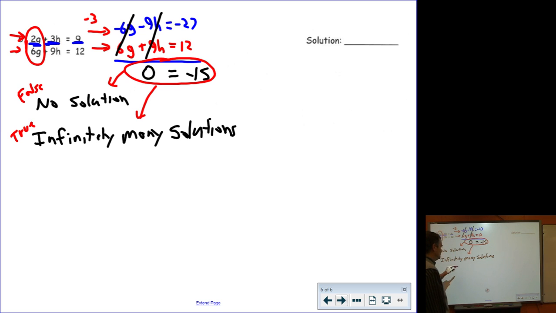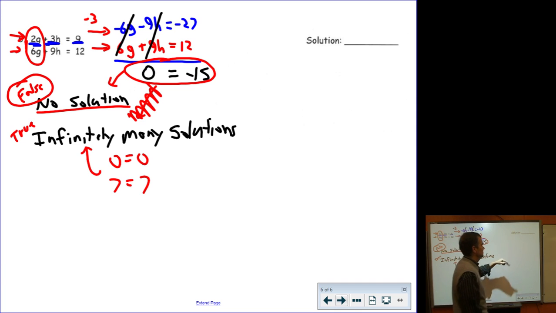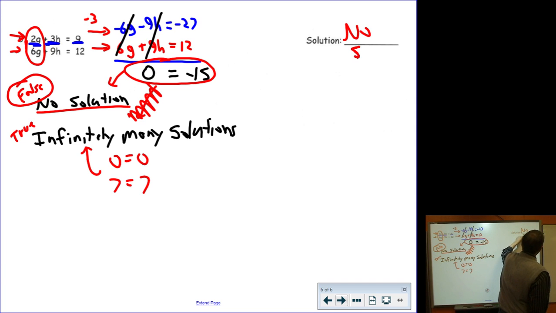So if I was left with something like 0 equals 0 or 7 equals 7, that would tell me infinitely many solutions. But in this case, I was left with something that is false. I was left with 0 equals negative 15, which is false. That tells me no solution. The answer is no solution.